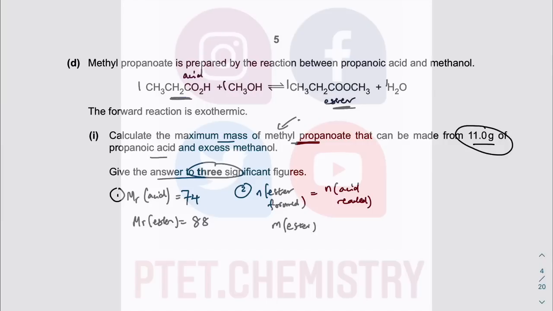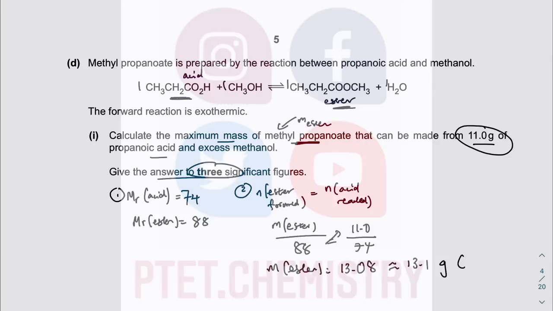You need the mass of the ester divided by the molar mass, so mass over Mr, which is 88. The mass of the acid is 11.0 divided by 74. Bring that up, and then you're going to get the mass of ester as 13.08, which I round up to 13.1 gram. Let's do 3 sig fig as required by the question itself.